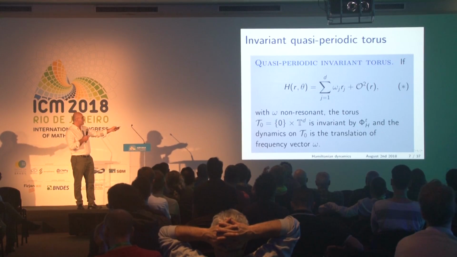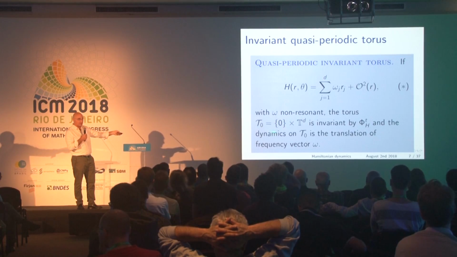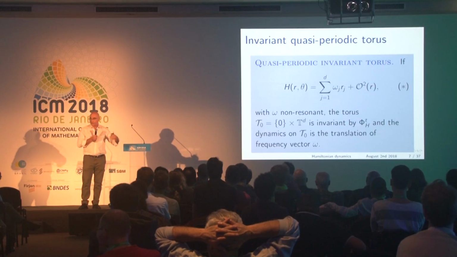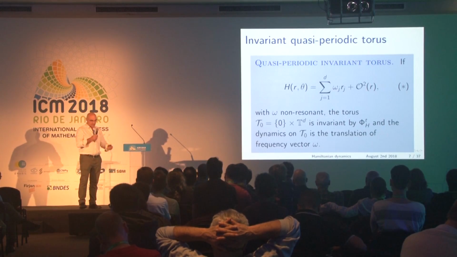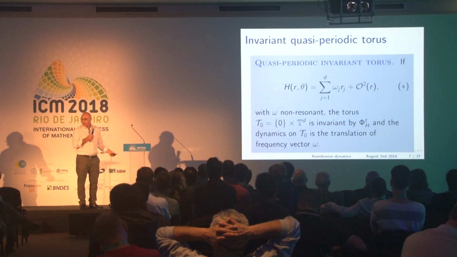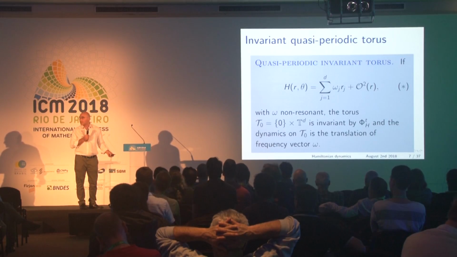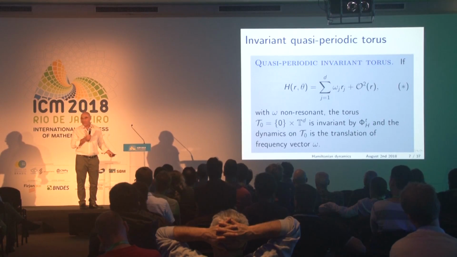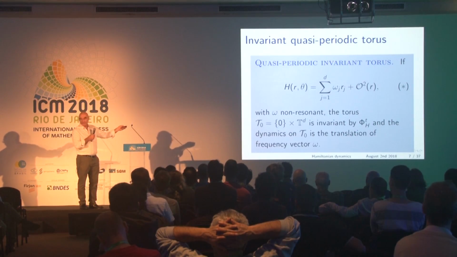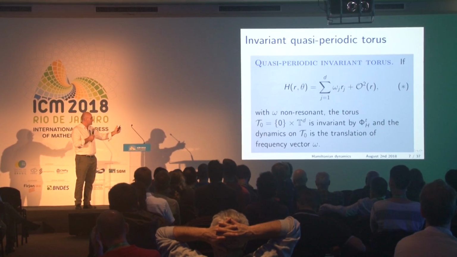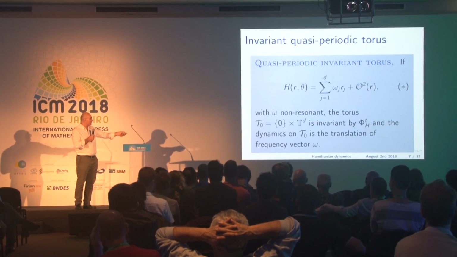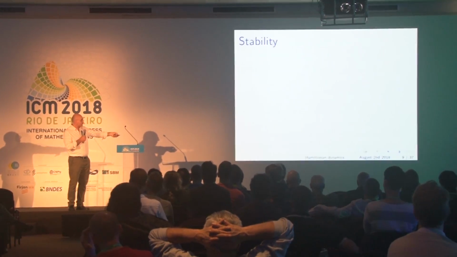So if you have this term, O2 of R, you can just say that T0 is an invariant torus. If you remove this term, then every torus is invariant. If you take it independent of theta, the angle, then they will have the same frequency omega. But more generally, we could consider a more general situation. Okay, so we have this form.